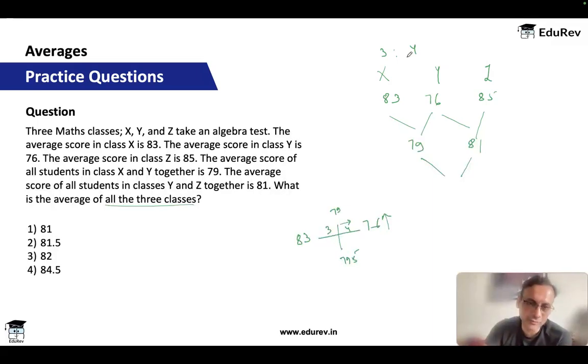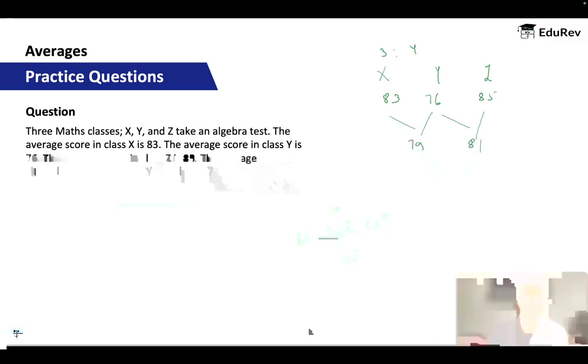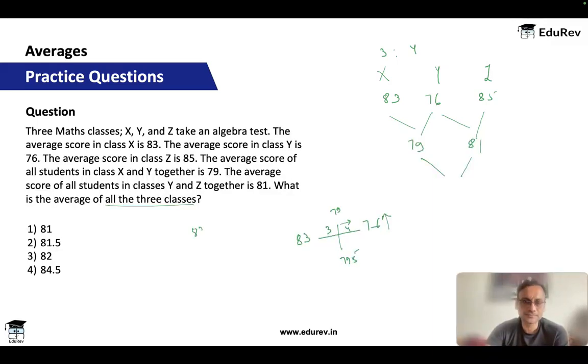But if we want to use the weights, let's use a formula. So (83x plus 76y) upon (x plus y) is equal to 79. That is what your equation will be.